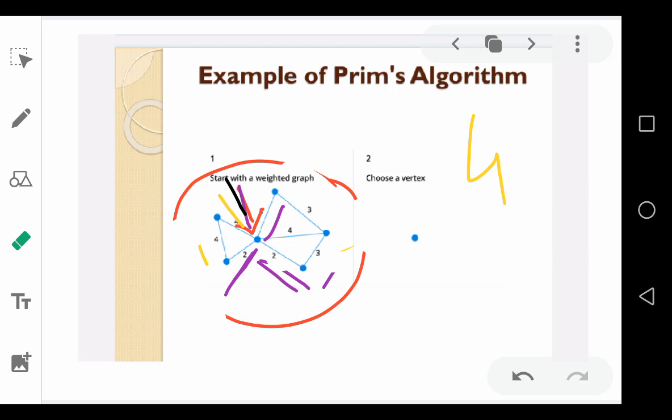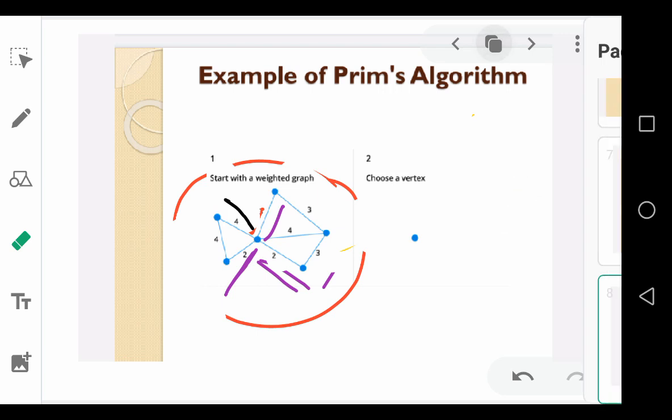For my convenience I am choosing this edge. Generally, if numbers are given, we go in increasing order. If the nodes are labelled alphabetically, then for our convenience we choose the edges in alphabetical order.